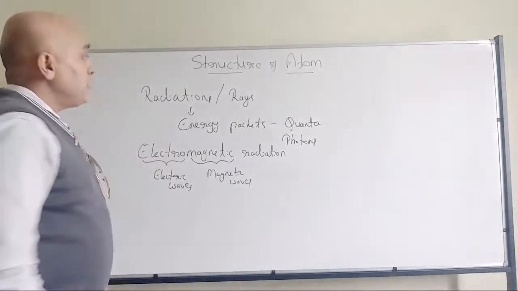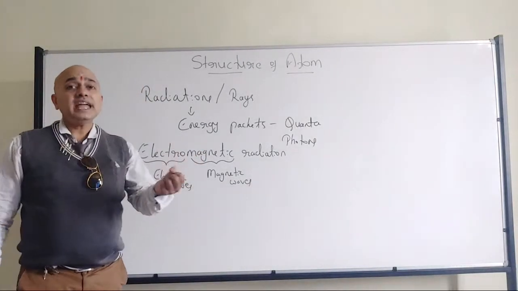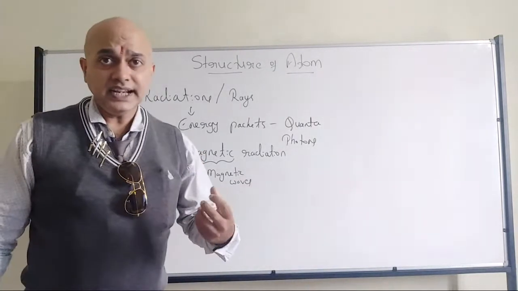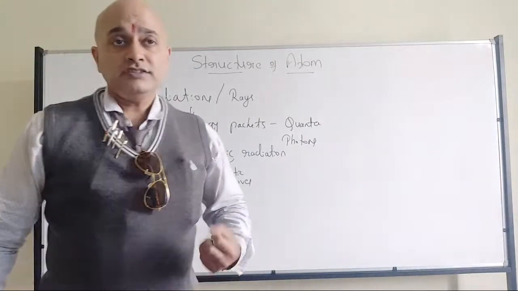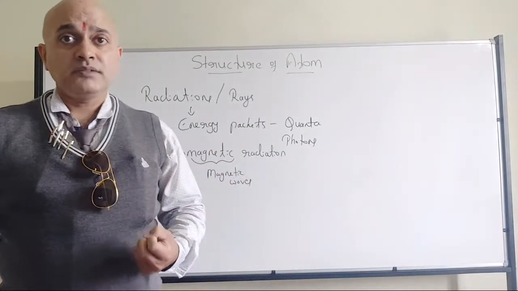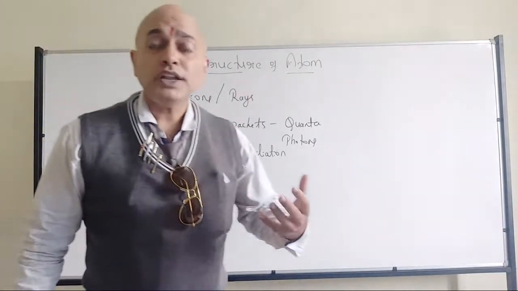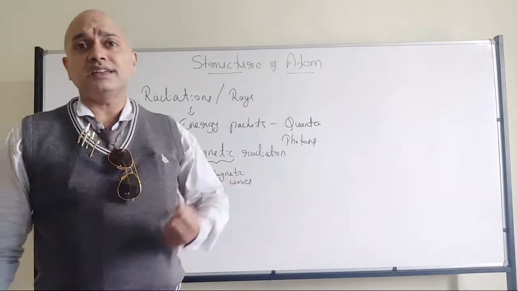So therefore, when I am talking about all these things, they should have the energy. These radiations should have the energy, and they have the energy. So that's where all this life exists on the earth. Because all of us, we know, whatever plants are there, they will take the energy of the sunlight.